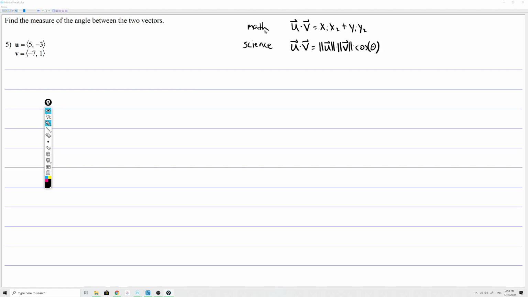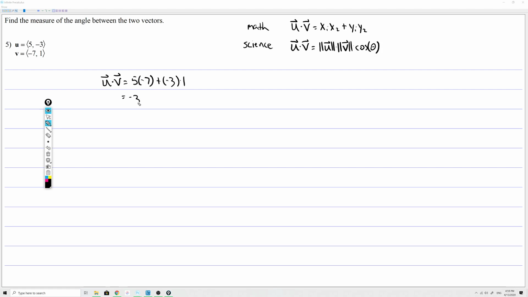So the math way of calculating the dot product, we're set up in this problem to do from the start. It's very simple. We just say that vector u dot vector v is 5 times negative 7 plus negative 3 times 1.